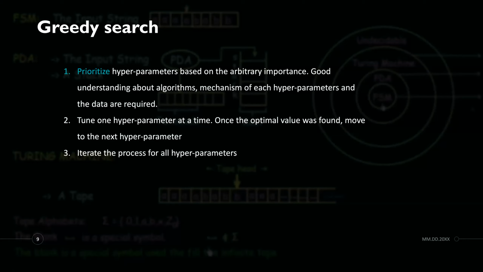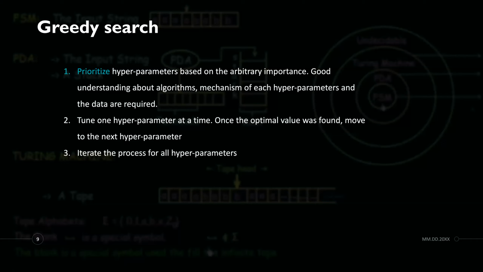First of all, it prioritizes hyperparameters based on arbitrary importance, which requires a good understanding of the algorithm, the mechanism of each hyperparameter, as well as the data. Even if you are very good at those concepts, the prioritization would still be arbitrary, right?